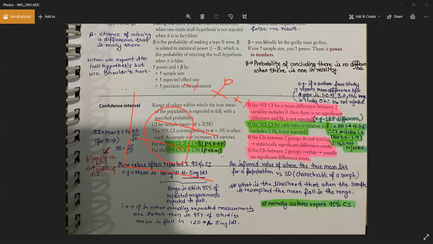So the rejecting of the study would be increased whenever you increase the confidence interval. Very much important to know. Whenever you decide to lower down the p-value, to lower down the alpha value, you're actually doing what? The chances of finding a statistically significant study are decreasing. The chances of getting an H1 are decreasing.